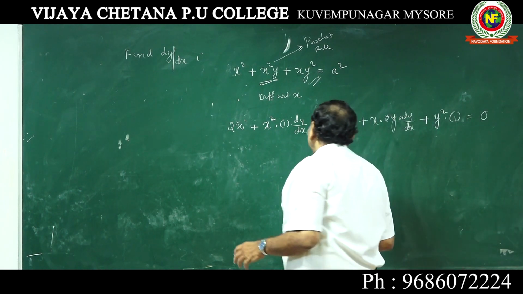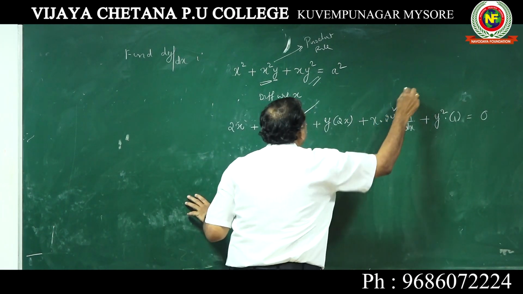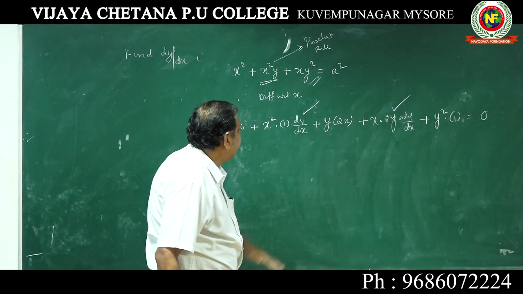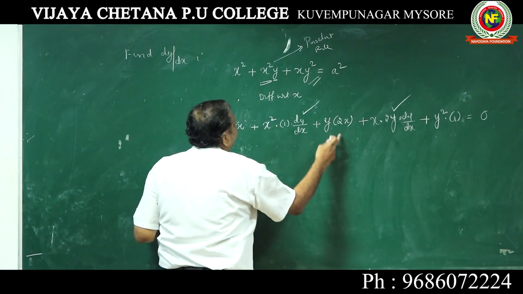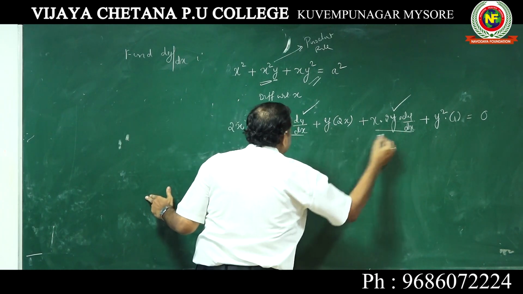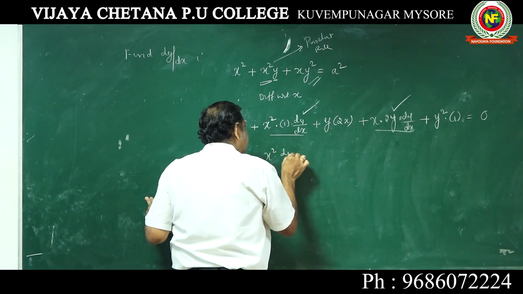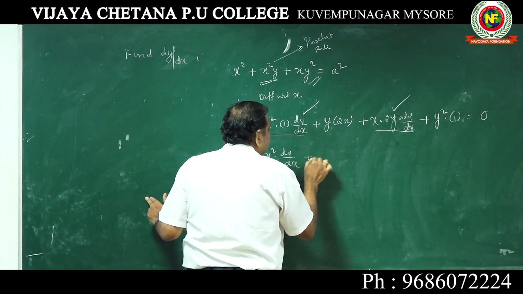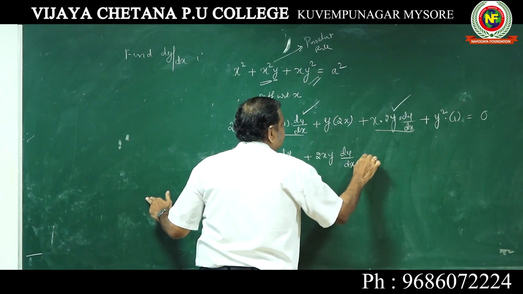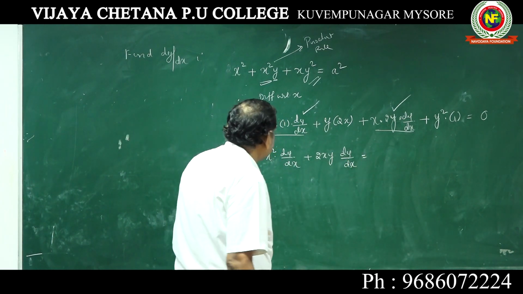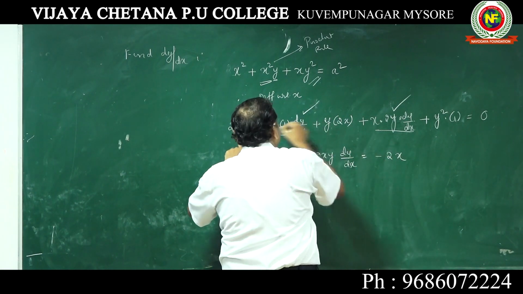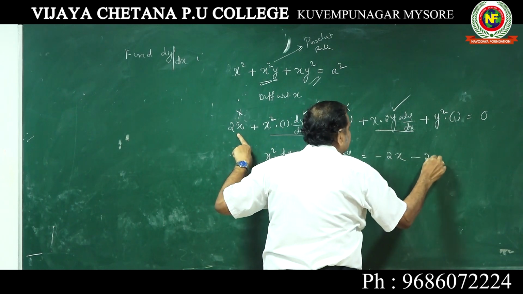Now all dy by dx can be shifted on the left side. All dy by dx can be grouped, and the other things you can bring to the other side. So y into 2x, here y square into 1. Now group this and this. X square dy by dx plus 2xy dy by dx is equal to, that side you shift, the terms which are without dy by dx: minus 2x can be shifted, and this can be shifted, minus 2xy.